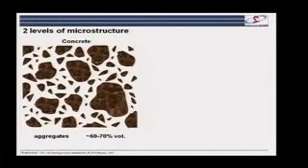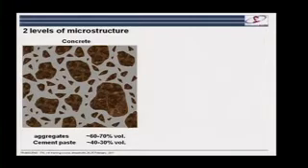Now, what's really important to understand is we've basically got 2 levels of microstructure. We first of all have the level you can see with the naked eye. If you have a polished section of concrete, you can see the aggregates, the stones, and between the stones, you've got the cement paste, which is the grey bits, okay?